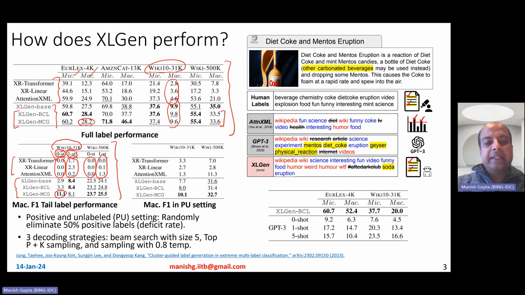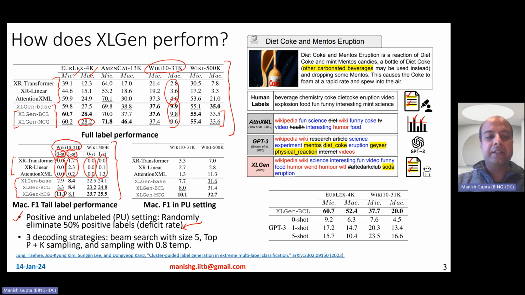Now, as a third setting, they simulate this setting of positive and unlabeled labels. So here, what they do is take a data instance, and out of its positive labels, they basically remove 50% of them. Okay. So the idea is that they remove 50% of the labels, and they refer to this 50% as the deficit rate.